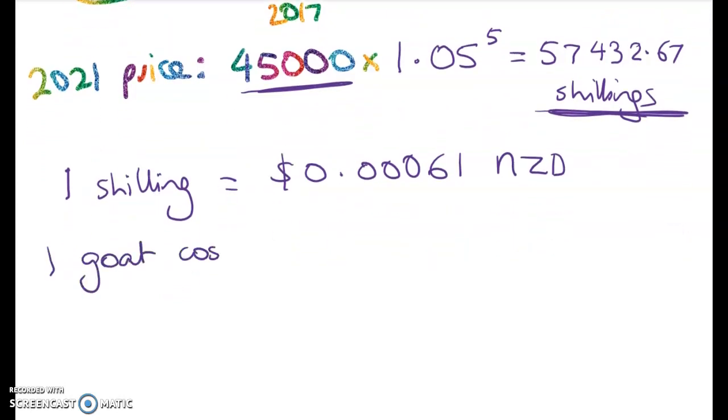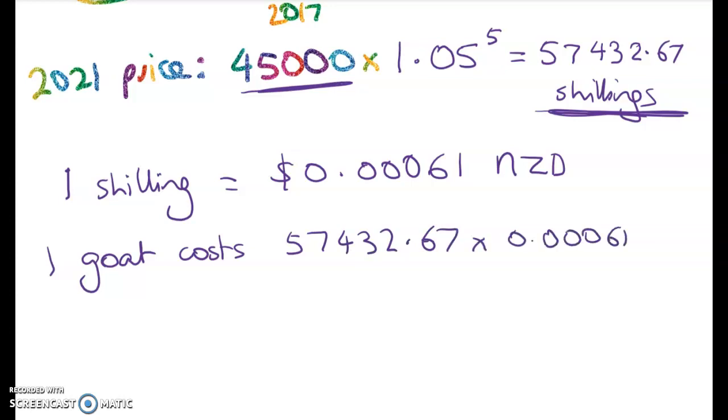So one goat costs 57,432.67 times 0.00061 New Zealand dollars. That works out to be $35.03 in NZD.